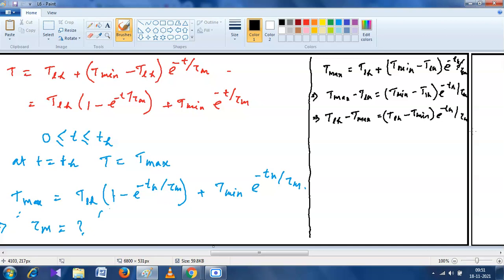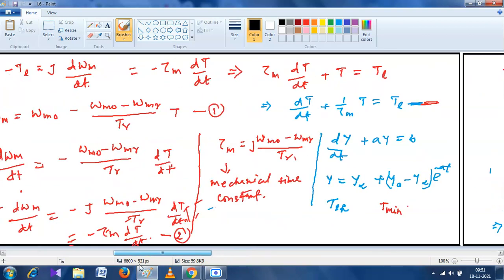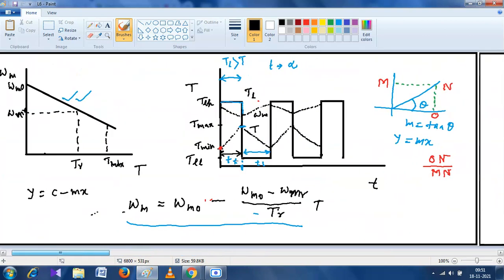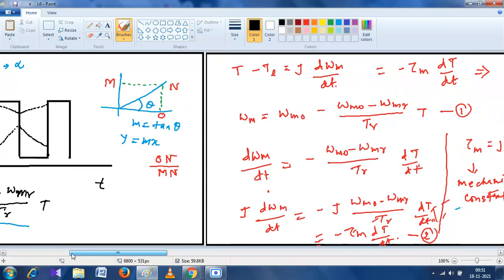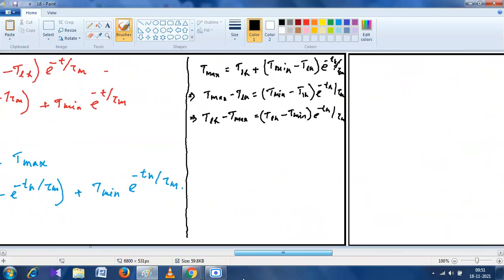TLH or T max? Okay. See that curve? Oh, TLH, sorry. TLH is the higher value. So I have rearranged this because the value of TLH is greater than T max, and also than T min.